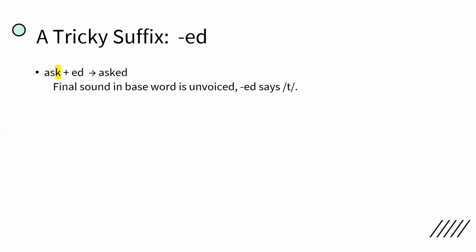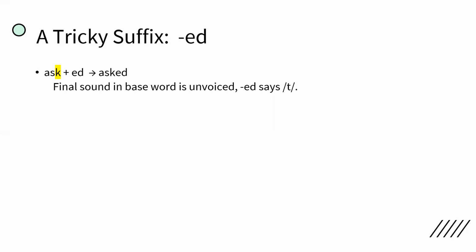All right. One other tricky concept that we want to make sure you're clear on before we get into the rule is that sometimes when we're spelling, ed can be a little bit difficult, the suffix ed. And that's because the suffix ed has 3 sounds. The first one we hear at the end of the derivative, asked. When we look at the base, the very last sound or phoneme in the base is k.